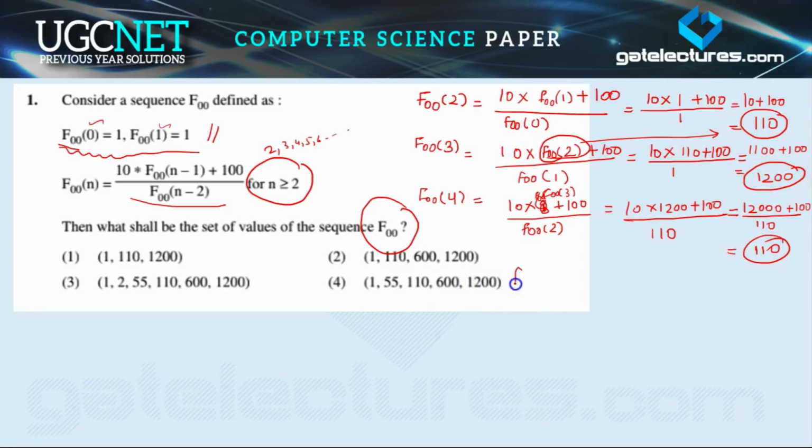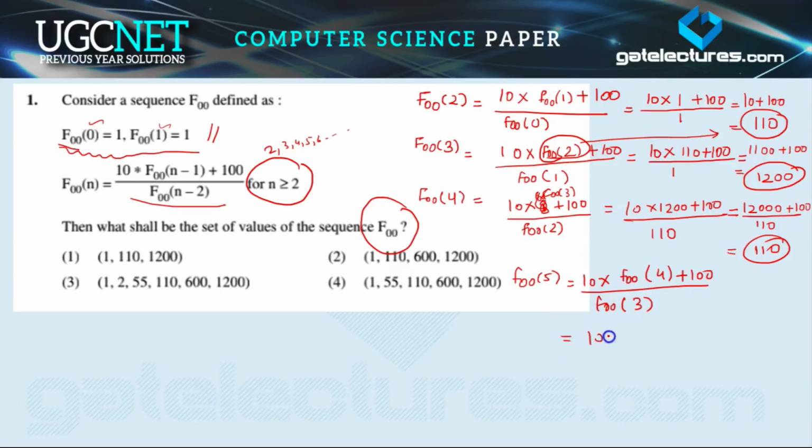Let's see f(5) also. After that we will see the pattern of all the outputs, and then we conclude the set of values of the sequence f(n). Now put 5 in n. So 10 into f(4), since 5 minus 1 is 4, plus 100 into f(3), since 5 minus 2 is 3.